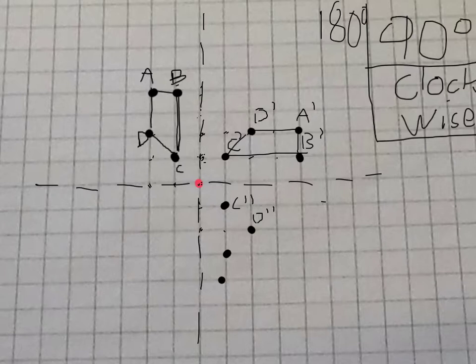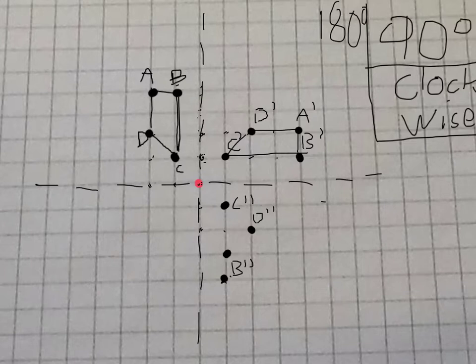This right here is our new B point, and that right here is B prime prime. And for the last point, which is the A point, we count 1, 2, 3, 4.